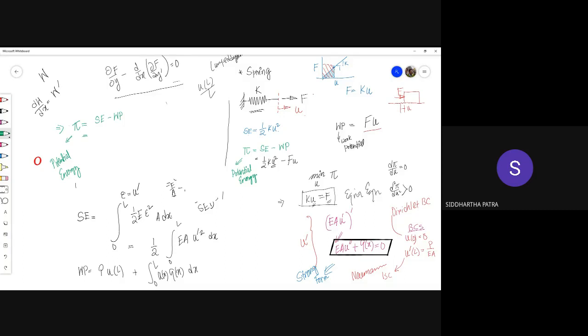So it is half, integral 0 to L, EA U prime squared dx, minus P U at L, plus integral 0 to L of U of x qx dx. Not plus, it's actually minus.